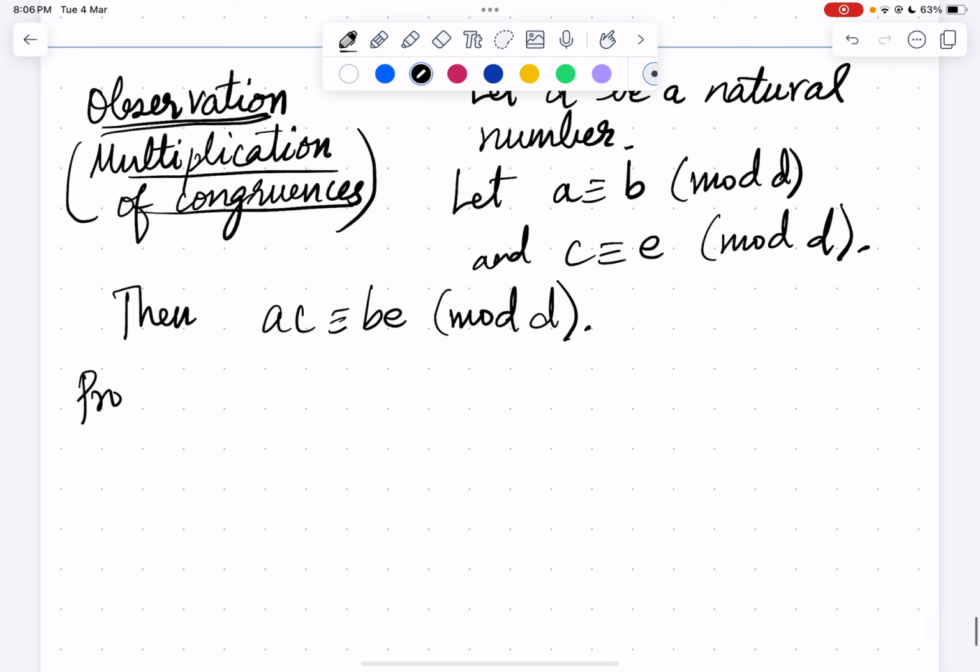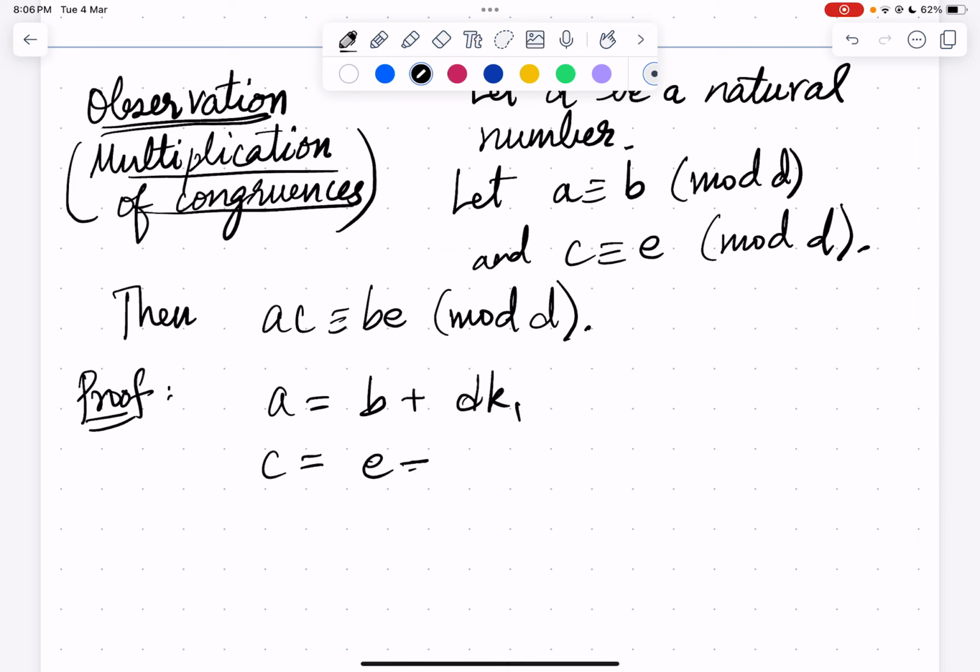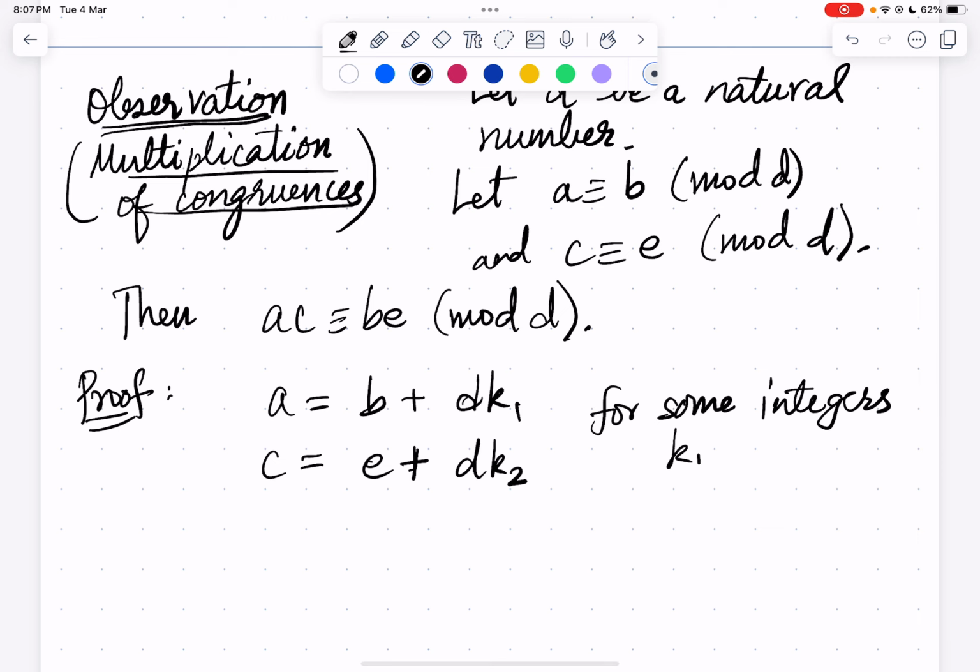So the proof is as usual. A is B plus dk1 and C is E plus dk2 for some integers k1 and k2.